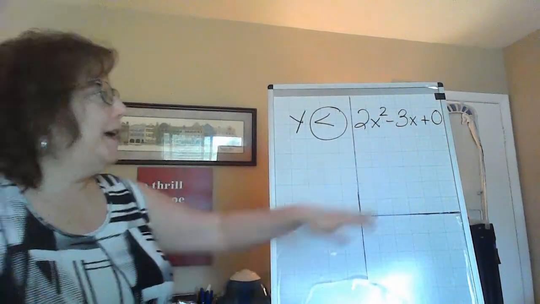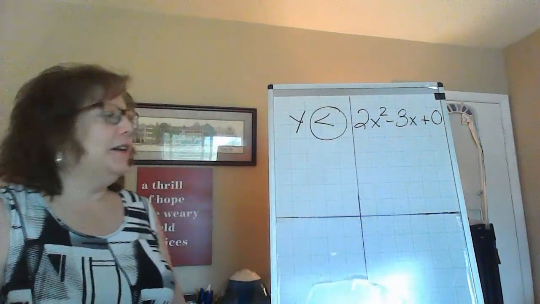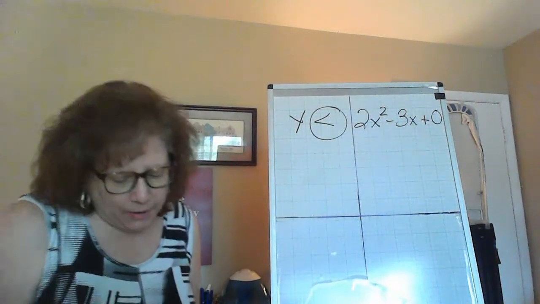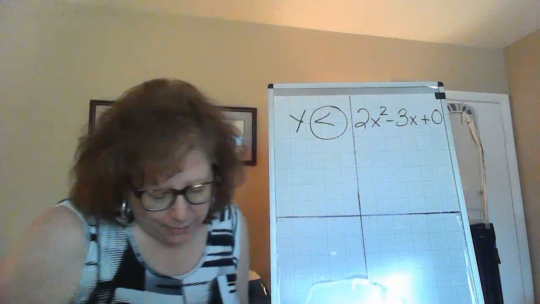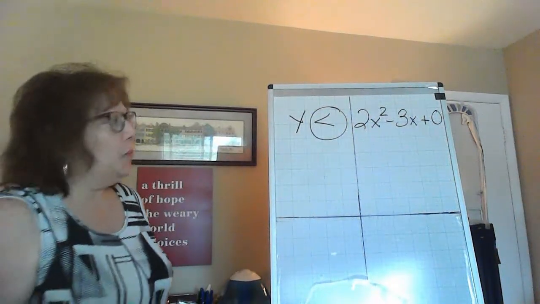And for all practical purposes, I like to have the fourth component. So if there isn't anything there, I add in the 0, just to make it a little bit easier for us to work. And then we would get this graph sketch.